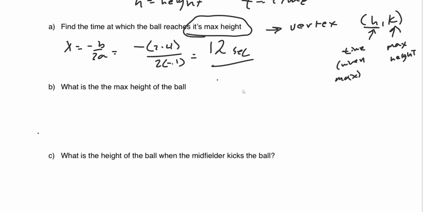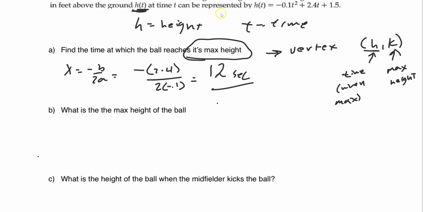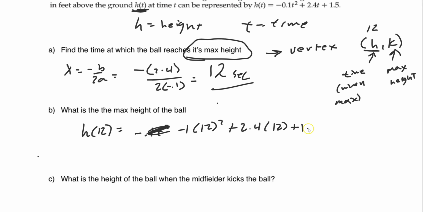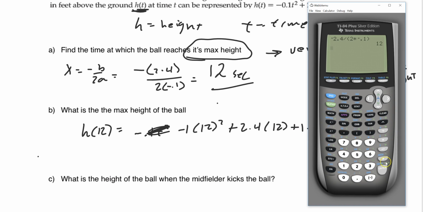Now it wants to know what's the max height of the ball. Well, remember, what we just found was the x in the vertex. This is 12 seconds. If you want to find the y in the vertex, which is the max height, you just plug it into the equation. So we're going to find h of 12 seconds. So negative 0.1 times 12 squared plus 2.4 times 12 plus 1.5. Again, we just use our calculator and type it all in.